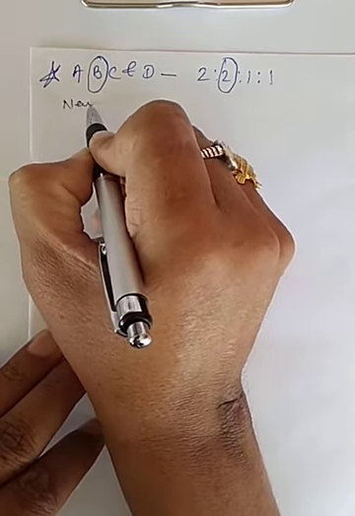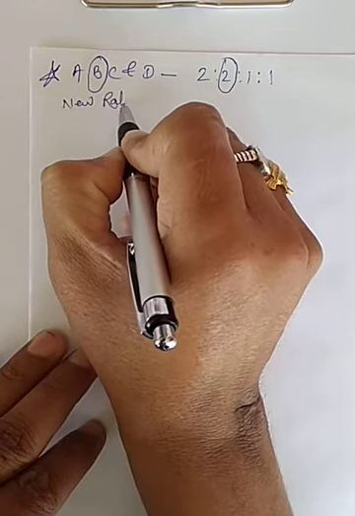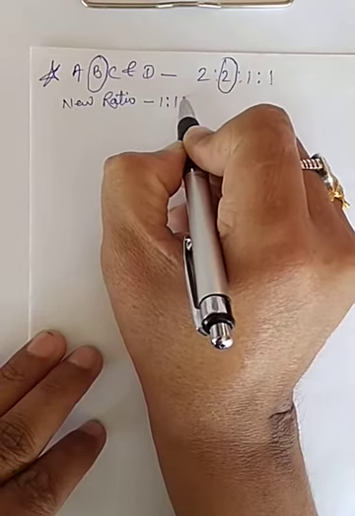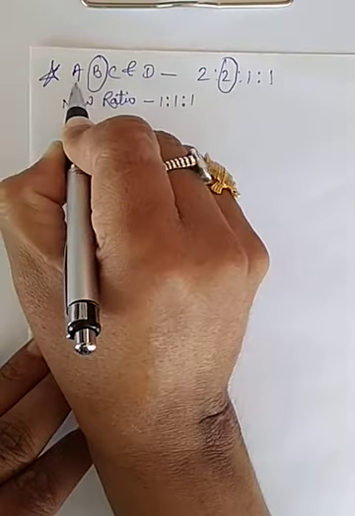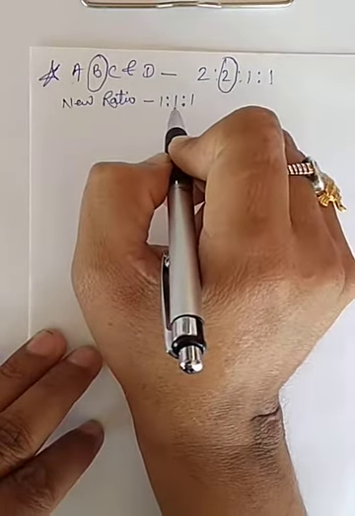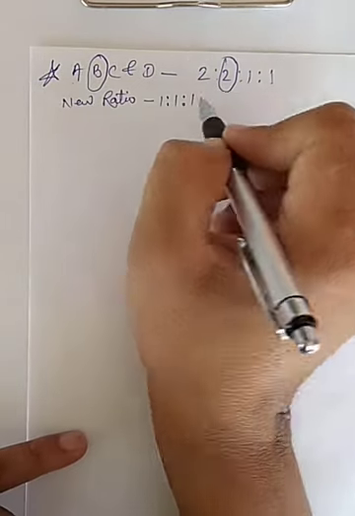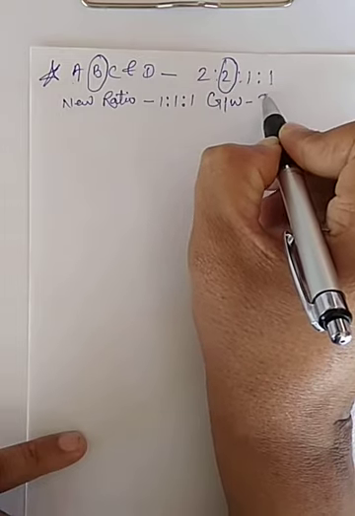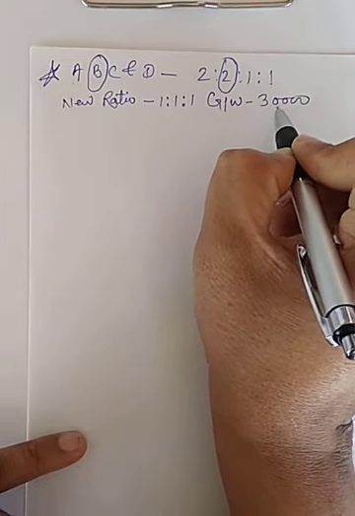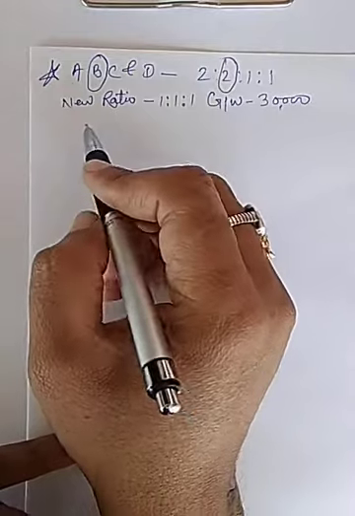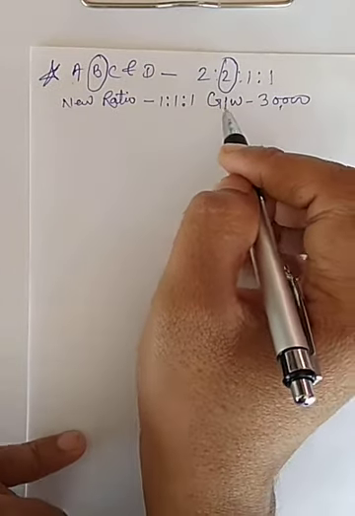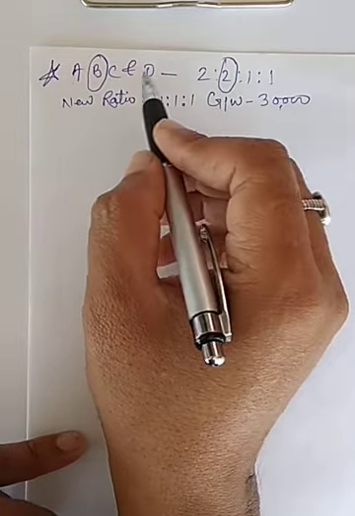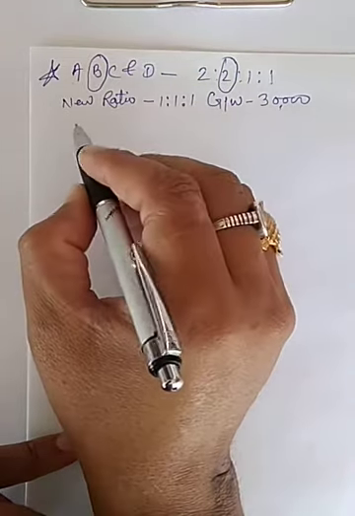That means the new ratio of partners A, C, D will be equal. Goodwill of the firm is valued at 30,000. For this purpose, give the necessary journal entry. So in this question, the new ratio and old ratio are also given.